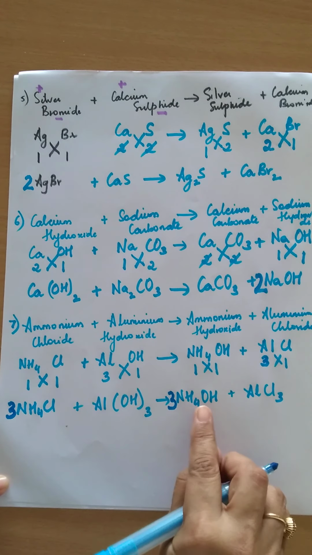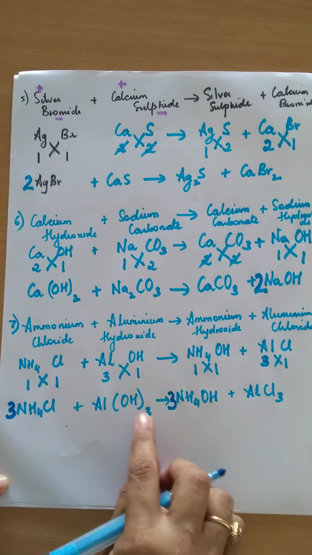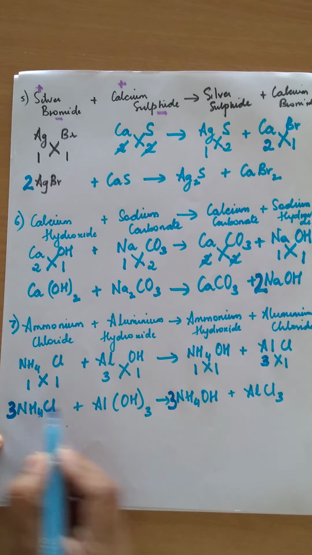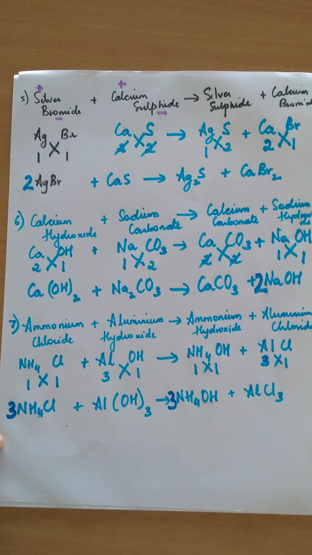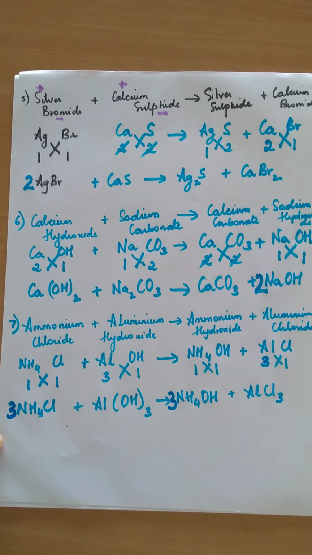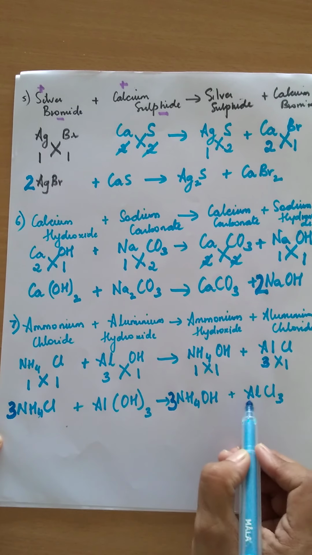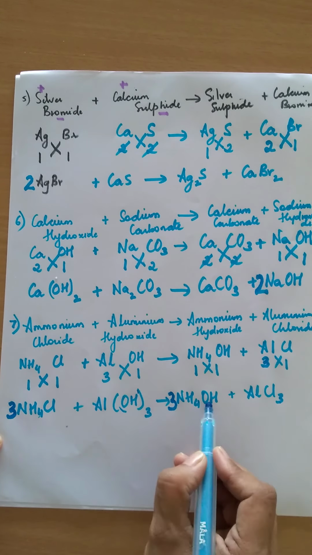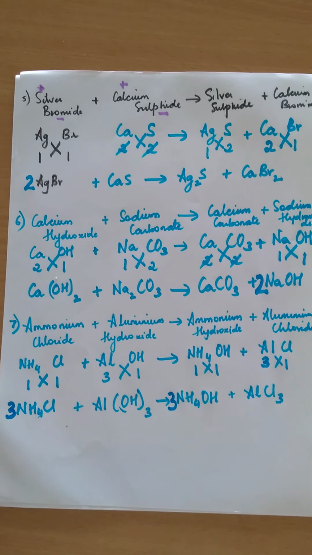When you write 3 here, OH gets 3. So here OH is already 3. Now let's recheck. 3 of NH4, 3 of NH4, they are equal. 3 of Cl, 3 of Cl, they are equal. 1 Al here, 1 Al here, and 3 OHs, here there are 3 OHs. Is that clear?